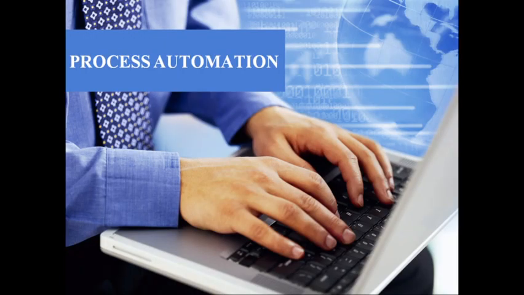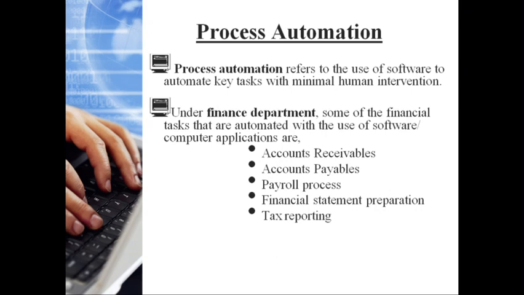So with this the SDLC concept gets over. Let's move on to the next concept, which is process automation. What is process automation? Any process which is automatic. Any process that takes the help of software, where a task is done automatically with minimal or even no human intervention.